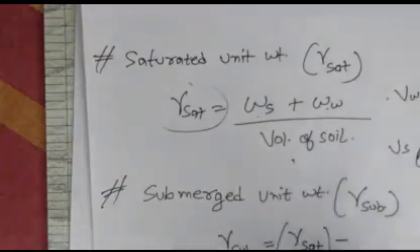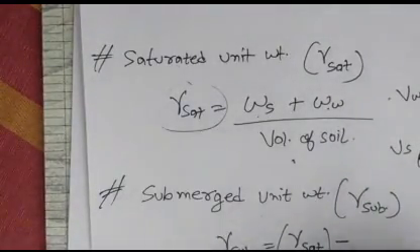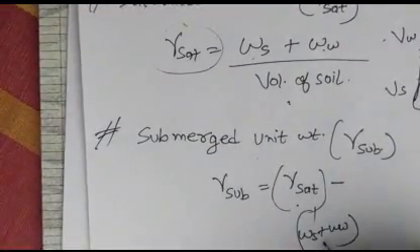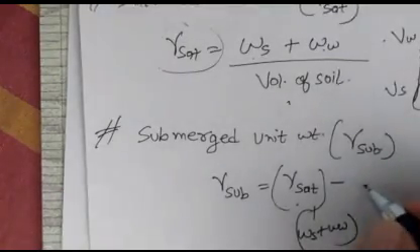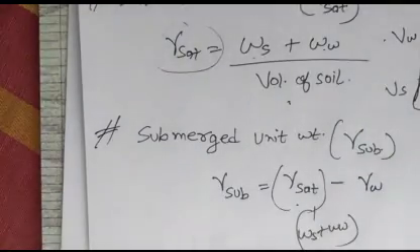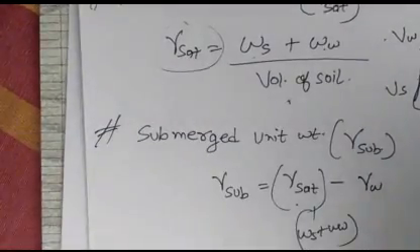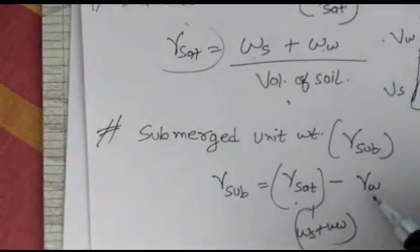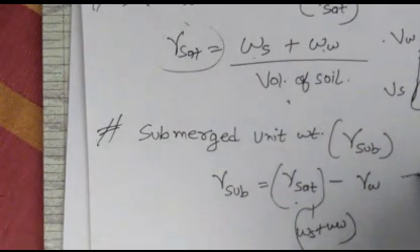This weight of actual soil, it was WS plus WW, is reduced due to the buoyant force of water. And how much is it reduced by? It is reduced by gamma W. Obviously water will impart this much force only, or whatever liquid is there. In soil we are using only water, so water will reduce gamma sat by gamma W and will give us gamma sub.